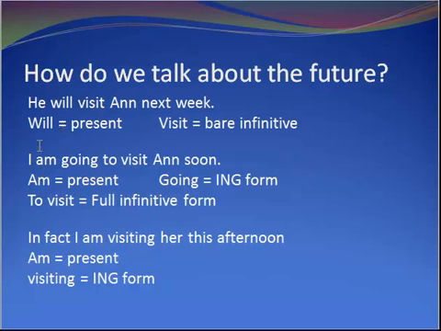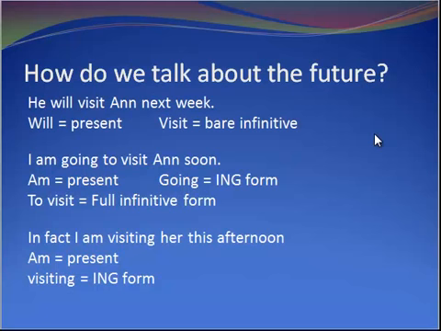So one way of doing that is to use a modal verb. And the modal verb we use is will. So we can say something like, he will visit Anne next week. Now, what we've got there is will, which is present tense, followed by visit, which is a bare infinitive. But the whole construction is used to talk about the future.